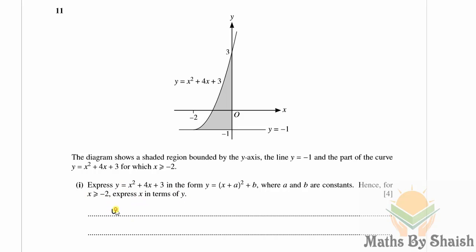So first part is by the completing square method, and for completing square method we only require these two terms, and if x square coefficient is 1, so it is simply what is the coefficient of x, that is 4, so it would be x plus 2 whole square, and that is half of 4, that is 2, and subtract the square of 2, that is 4, and plus 3 was already here, so it becomes (x plus 2) whole square minus 1.